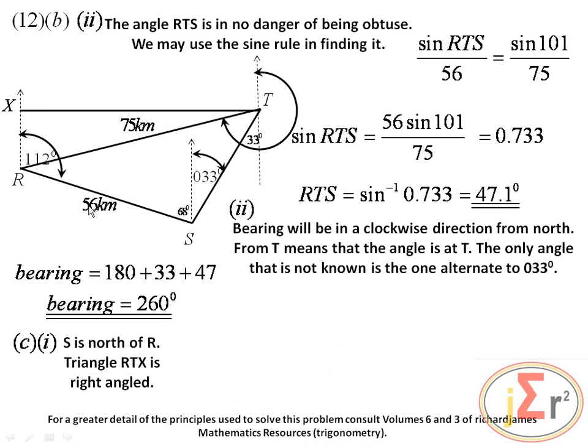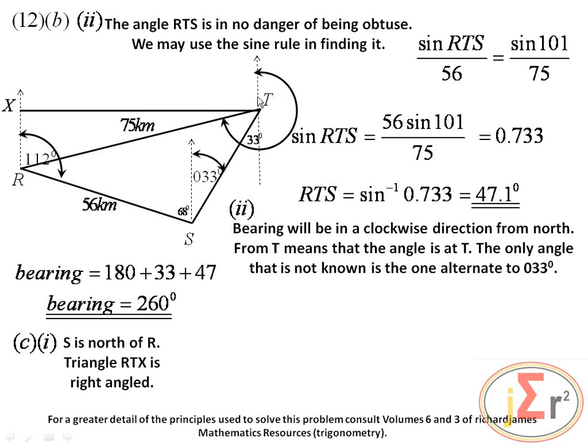But in order to calculate TX, we have to have some amount of information. We have 75 kilometers right here for the hypotenuse of the right angle triangle that we have, but we do not have another side, we do not have another angle. We can determine one of the angles, of course, because we know that all the way to here is 260 degrees, and the little angle here is what is left.